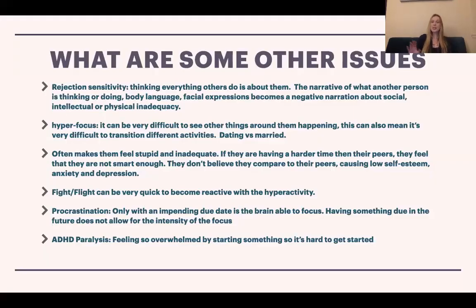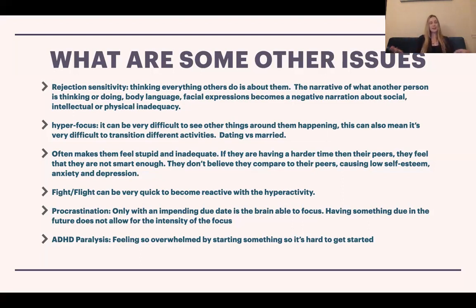So when we're looking at the diagnosis for it, we're not just looking at these things. There's other things that can be really predominant in ADHD people. So rejection sensitivity is a really big one. They think that everything is about them. When everyone's looking at them funny or doing something different, they automatically assume that means that the person doesn't like them or isn't enjoying them, and it becomes about them.